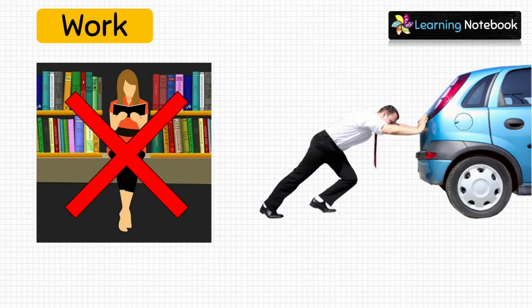So in case of girl reading the book, there is no change in the position of the object, but boy is applying force to move the car and therefore the position of the car is changing. Therefore, here boy is said to be doing the work.